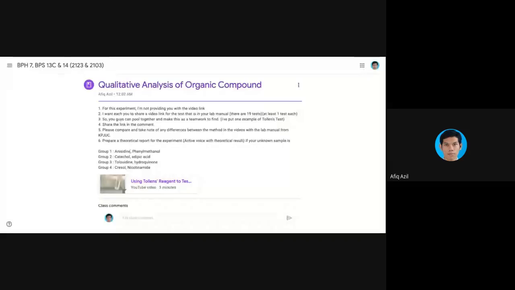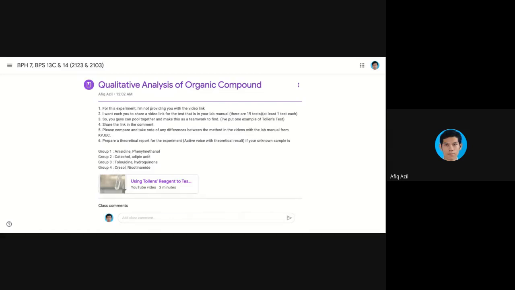So I put here four groups. That means there are 16 of you. So 4 persons will choose these two compounds, another 4 will choose the compounds from group 2, another 4 from group 3, and the last from group 4.